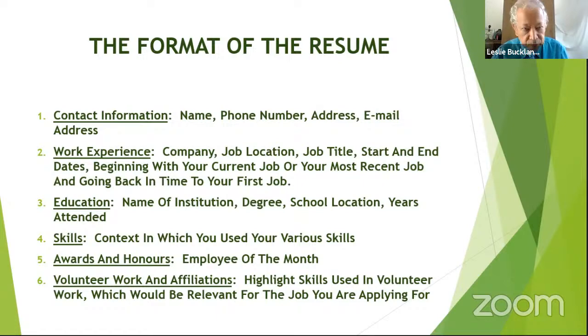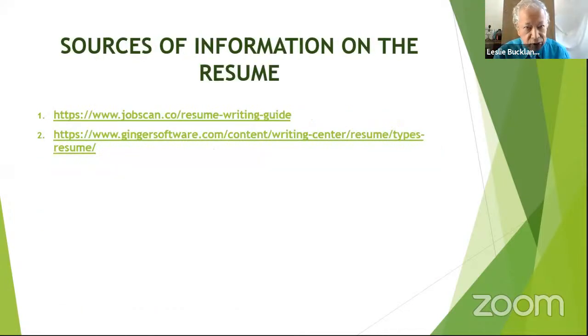Okay, so these are the 6 sections of the resume: contact information, work experience, education, skills, context in which you used your various skills, awards and honors, volunteer work, and affiliations.